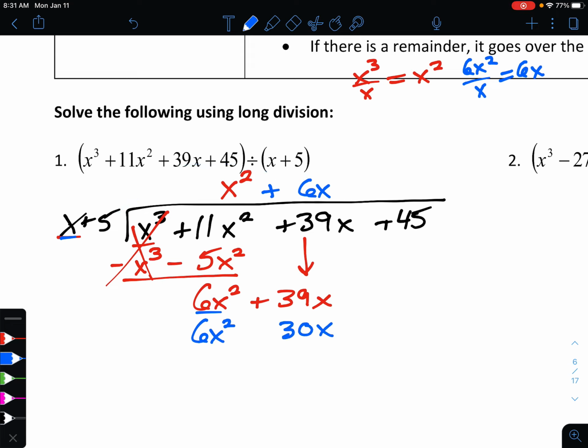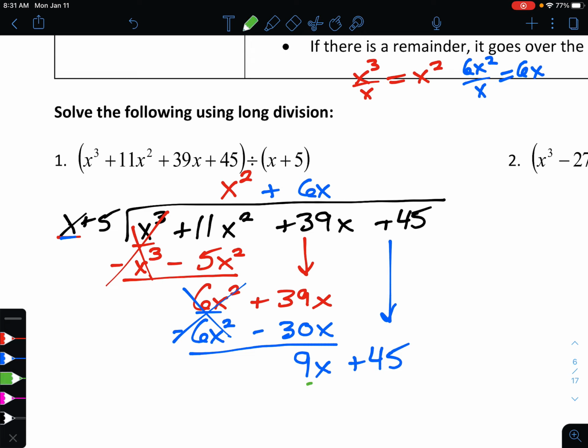Once again, we're going to be subtracting, so we'll put minus signs for both. And once again, our first two terms are going to cancel. That should always be the case. But then 39 minus 30 is 9x. And then we'll bring down our last term.